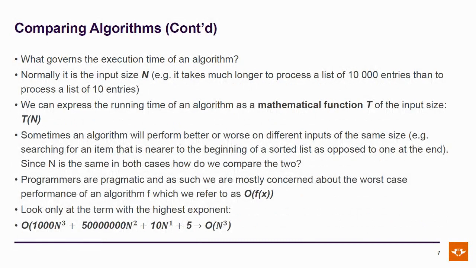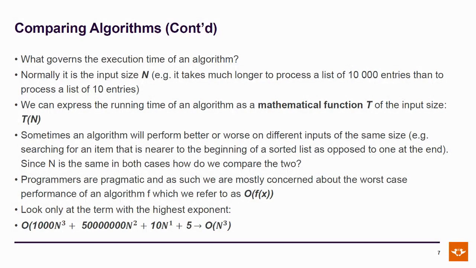So what governs the execution time of an algorithm? Well, almost always it's related to the input size, which we're going to call n. So if you're thinking about processing arrays or vectors or lists or whatever, it'll take much longer to process a list of 10,000 entries than to process a list of 10 entries. So n, the size of the list in that case, is the factor that dominates how long something is going to take.